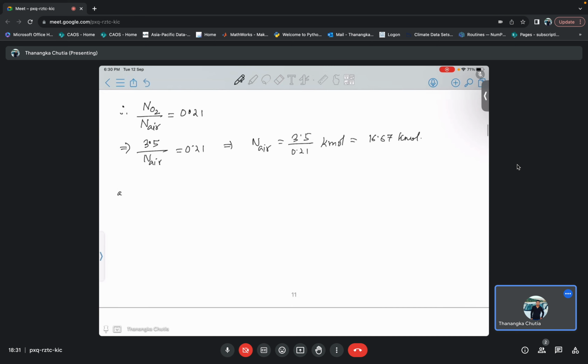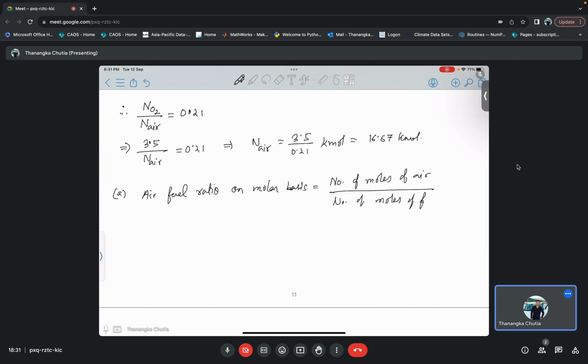Therefore air fuel ratio on molar basis is equal to what? Number of moles of air divided by number of moles of fuel.